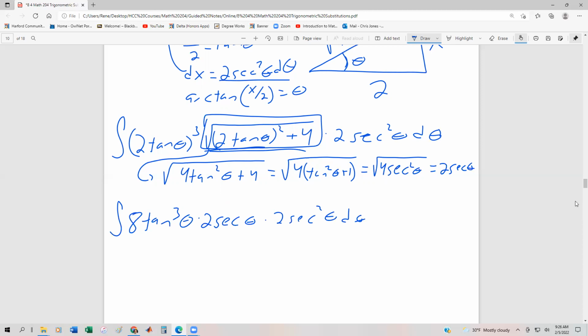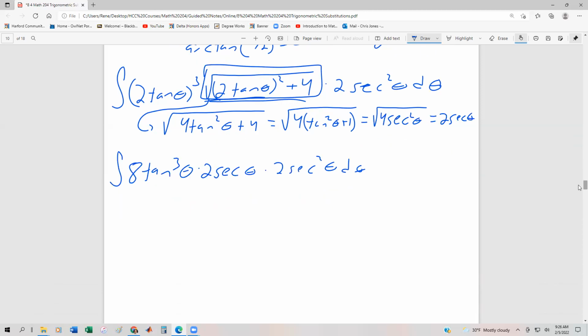All right. Now, at this point, we're going to have to simplify and try to evaluate this trigonometric integral. A couple ways that we can do this. One of which is that if we can get to all tangents and then find a derivative to get the secant squared, then we'd be good.